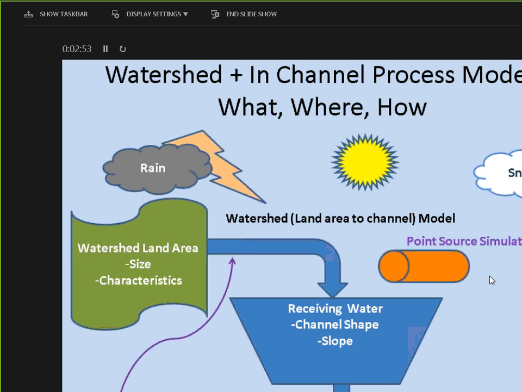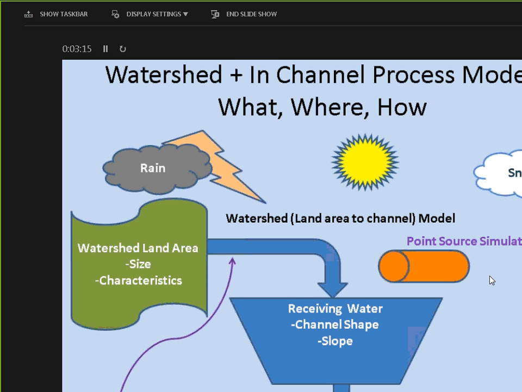It's a watershed model, and it also has a fairly sophisticated receiving water model that handles both stream and lake reach. So in our watershed model, across the top, we have these dynamic meteorological inputs, and those inputs are superimposed on the land area, and the land area has a set of characteristics and size, and when precipitation falls on the land area, it will run off.